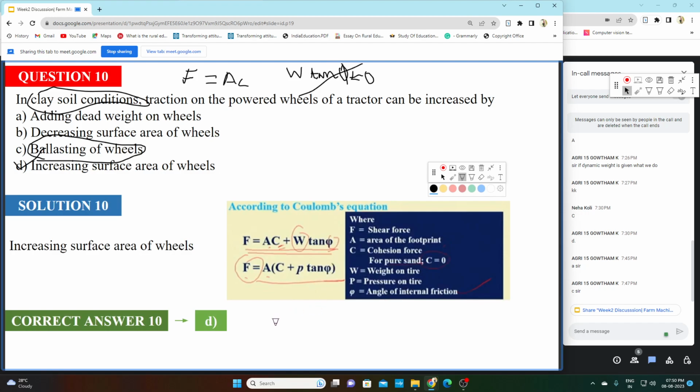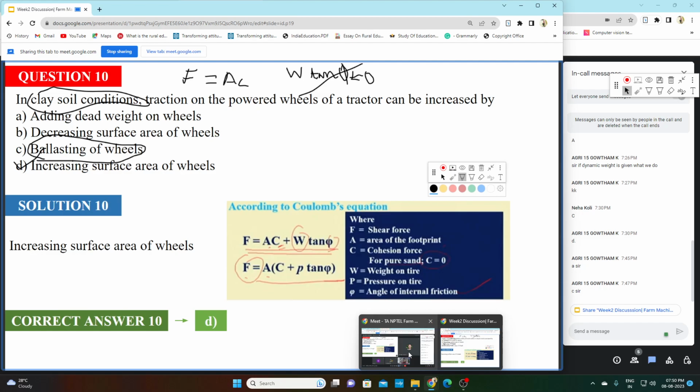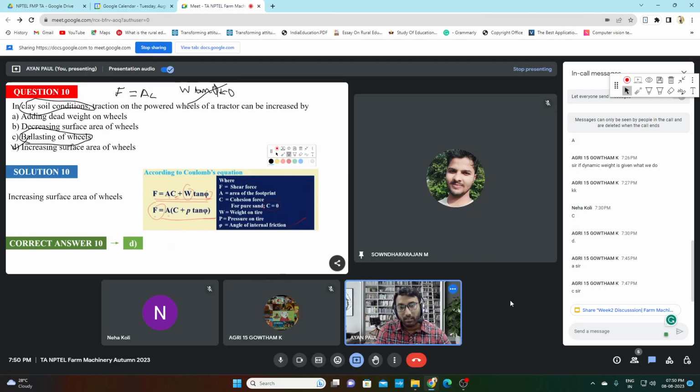Okay, so is this clear? I hope this is clear to all of you. So by this I am ending this week's discussion. I hope there is no doubt for today.